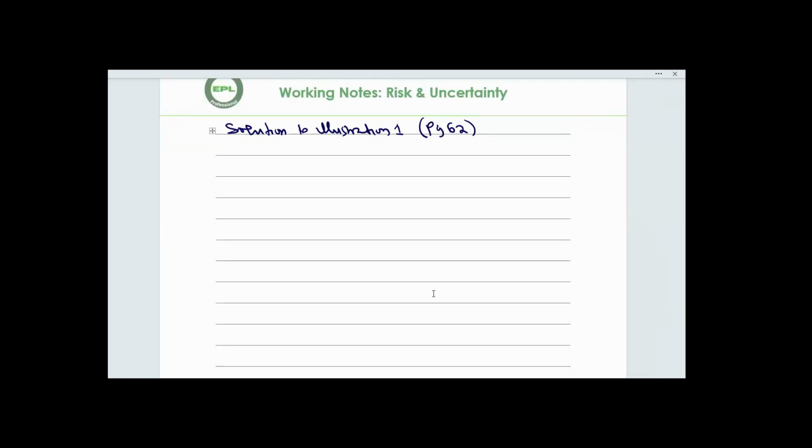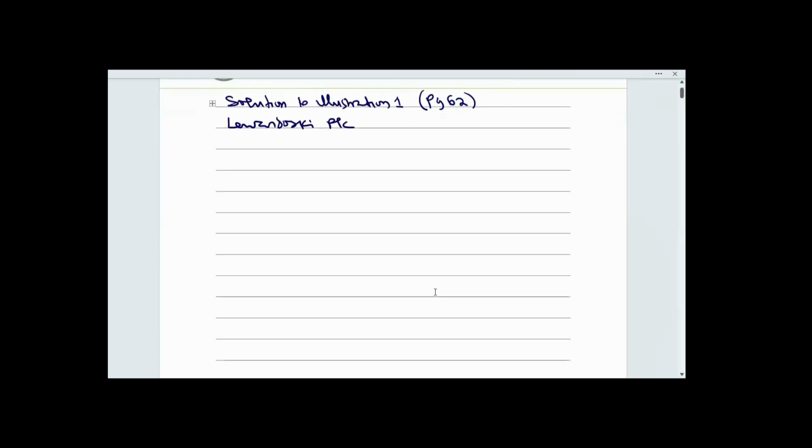So the name of this company is Lewandowski PLC. Examiner is asking you to calculate expected NPV. I would then say calculating expected present value or net present value.